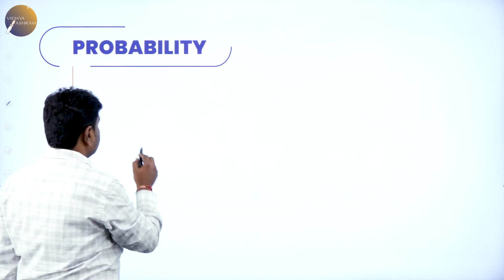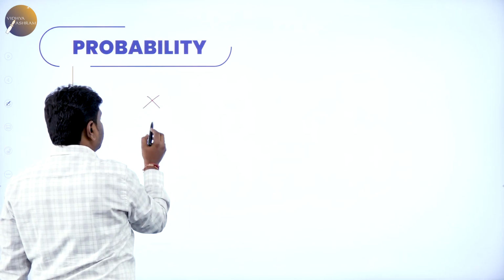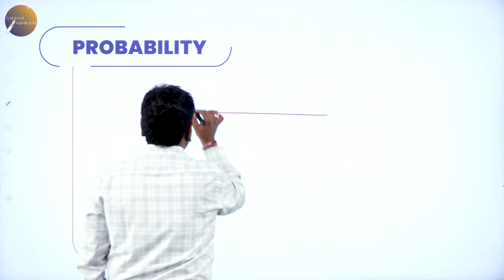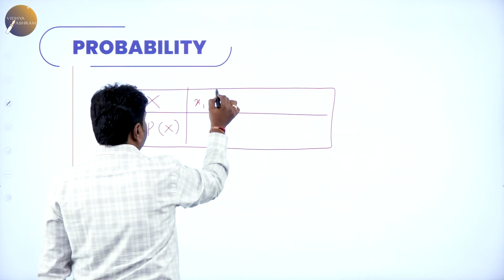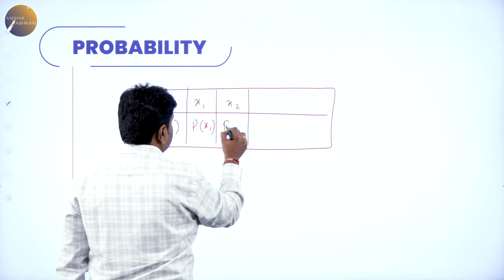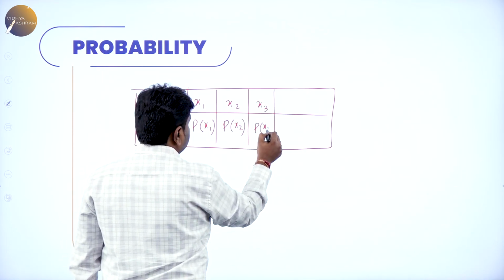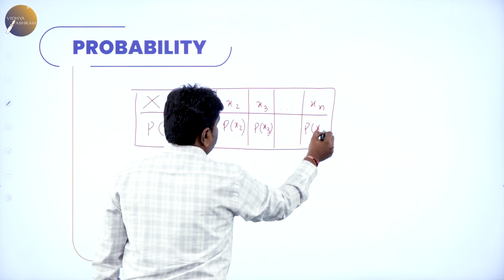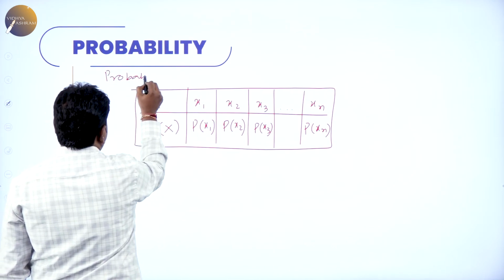So dear students, in today's class I taught you how to calculate. We learned in my past class a table containing x and p of x. What is a table containing x and p of x? It is a probability distribution. See, here we will have x1, p of x1, x2, p of x2, and x3 and p of x3, and so on, xn, p of xn. So what do we call this table? We call this table the probability distribution table.